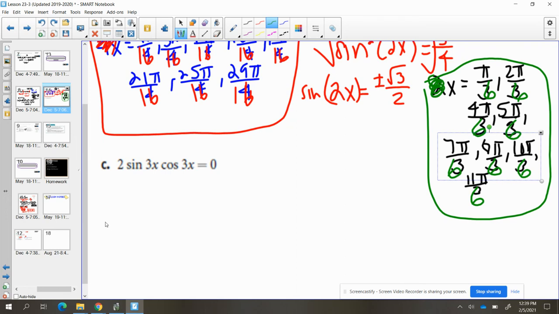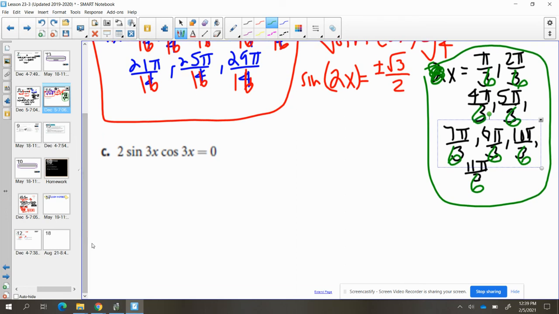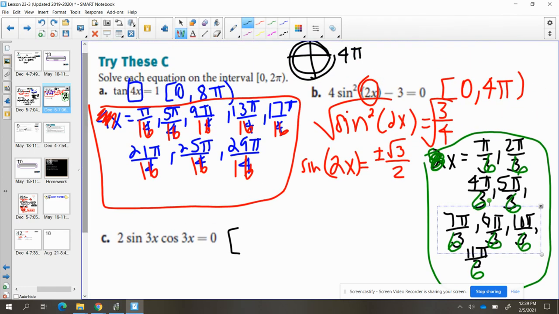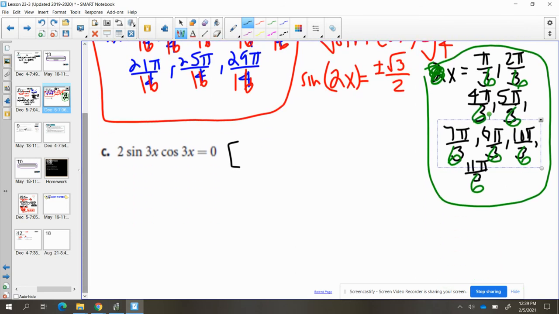Okay, last but not least, let's do a little bit of transforming here to begin with, because really what's happening is, again, we're going to switch our value, because instead of being 0 to 2 pi, we're going to go 0 to 6 pi, since we have 3x in here. And then notice, though, 2 sine cosine is very familiar to our double angle formula for sine.